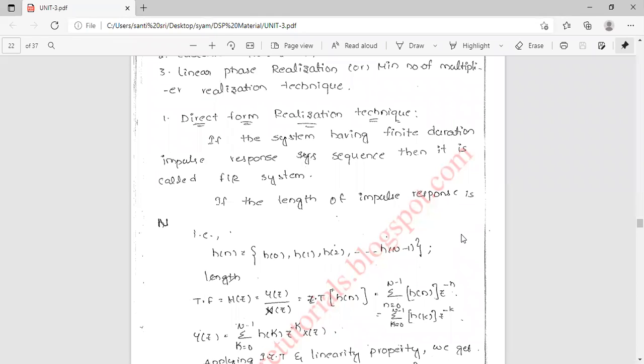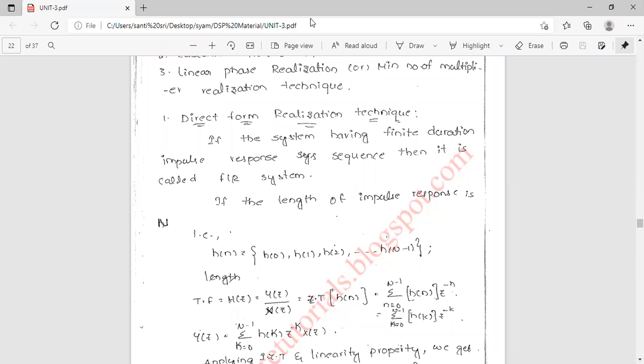So the transfer function h of z can be obtained as y of z by x of z, which is the z transform of h of n. The z transform of h of n is nothing but h of z, that is sigma n equal 0 to n minus 1 h of n into z power minus n. This is the formula for z transforms.